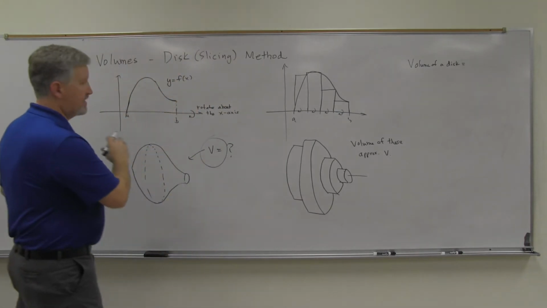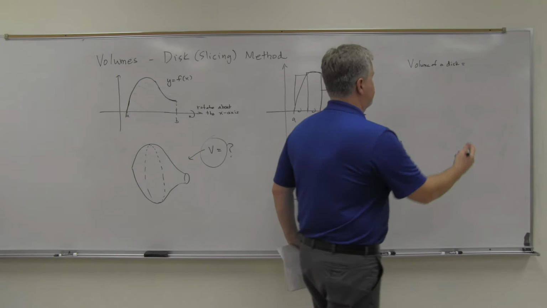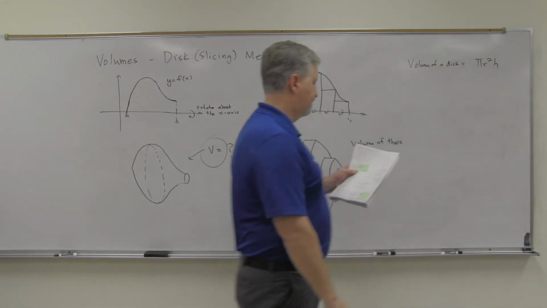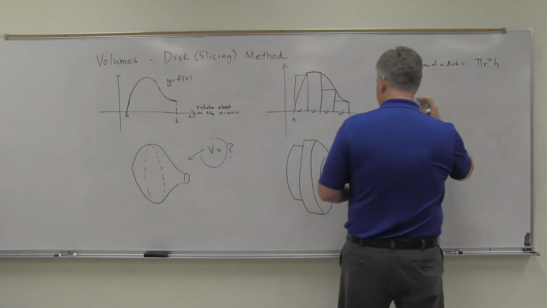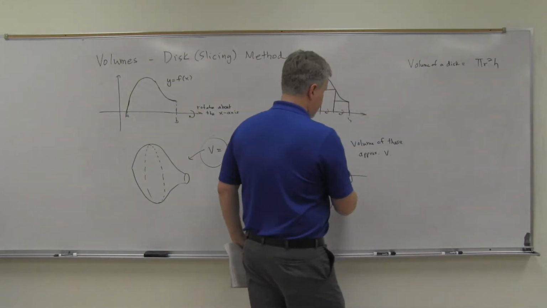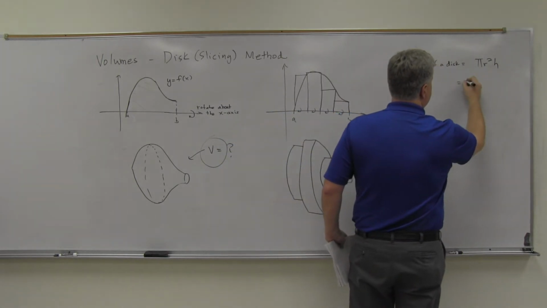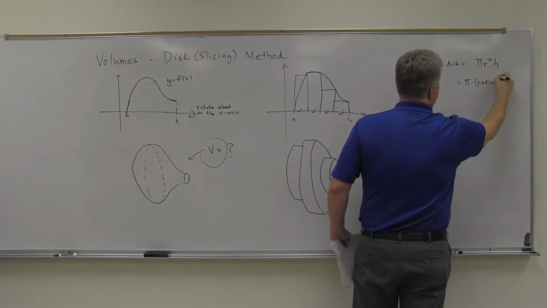Well, good thing about the disc, we just talked about that, the disc is pi r squared h. Right? Or to put it another way, since it's a disc, it'd be pi times the radius squared times the width.